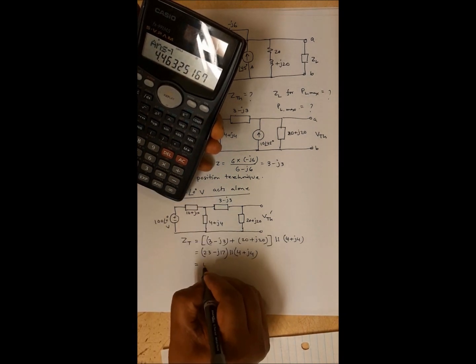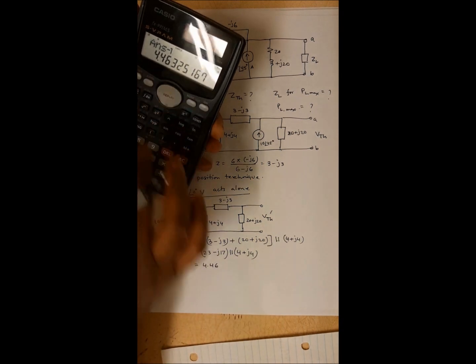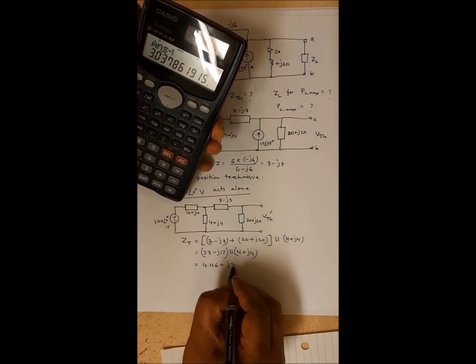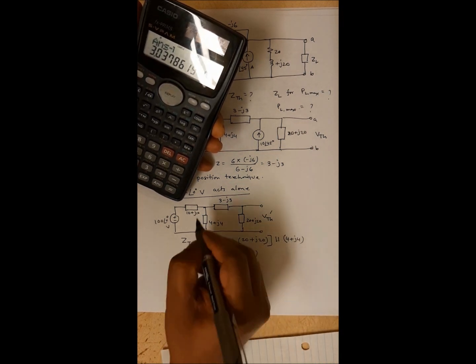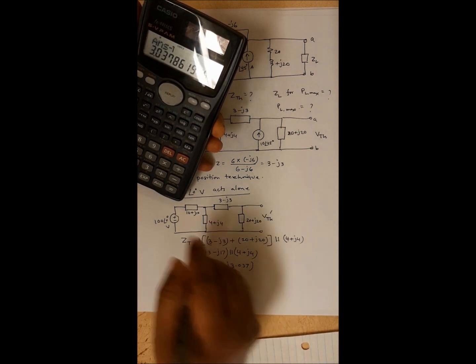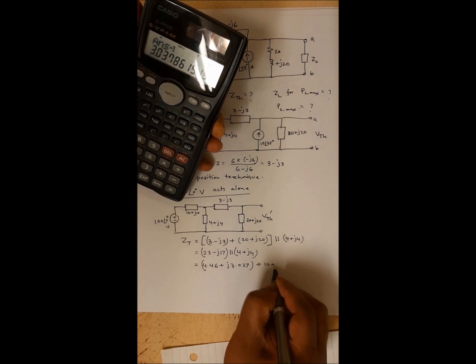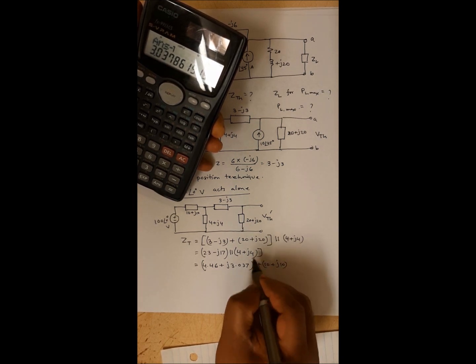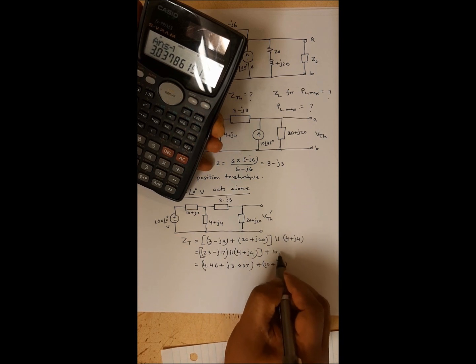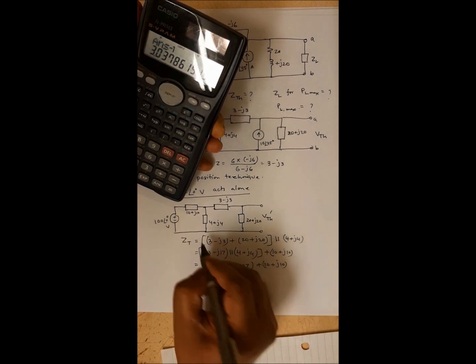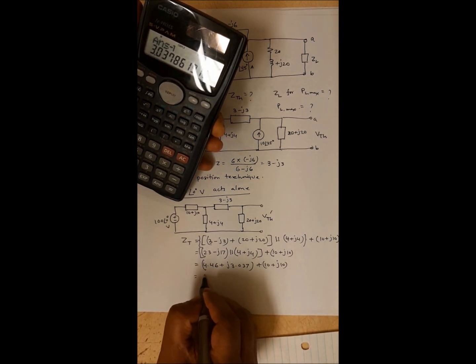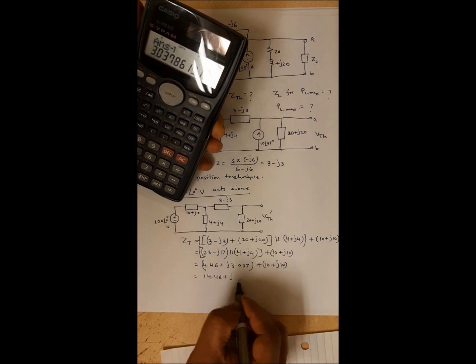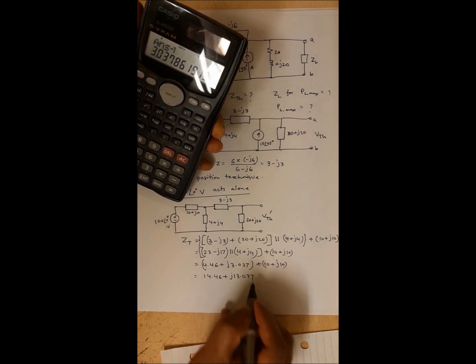So we are getting 4.46 plus J3.3037, and that will be in series with 10 plus J10. So then it will be 14.46 plus J13.07.